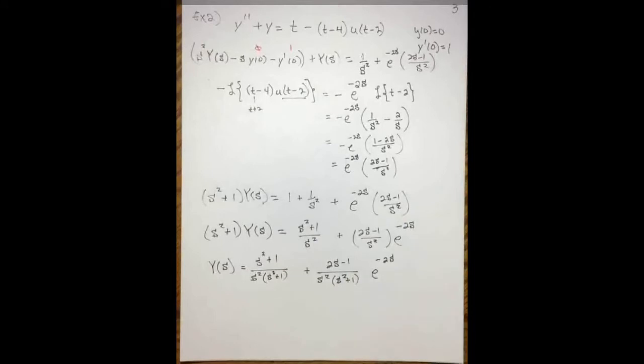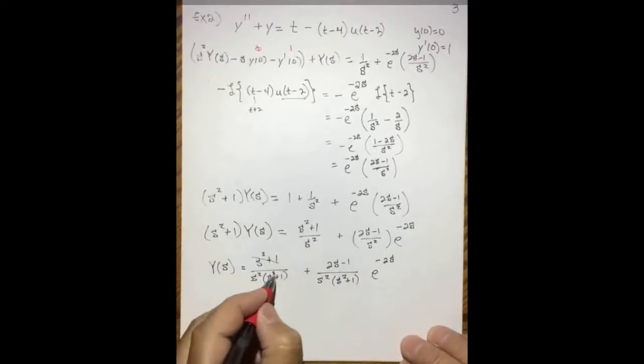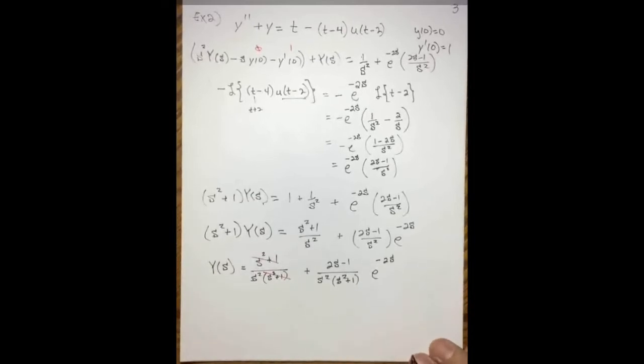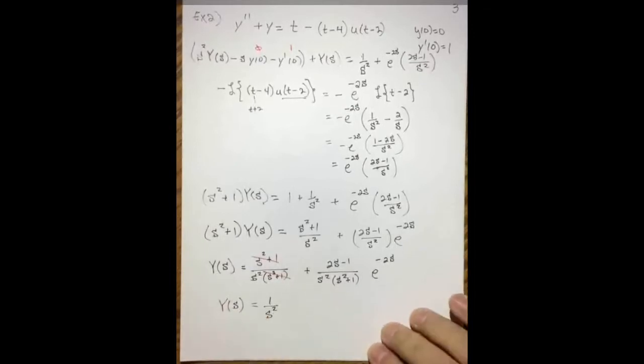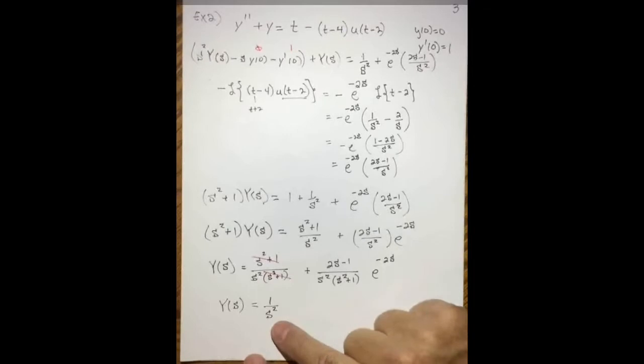Now, do you see the happy little accident? Look what happens here. It turns out that those just cancel. We did get fortunate. We got very lucky. So this ends up just being 1 over s squared, which means we're through with the portion of the problem that's not stepped. Because in a minute, when we take the inverse transforms, we don't have to do anything.